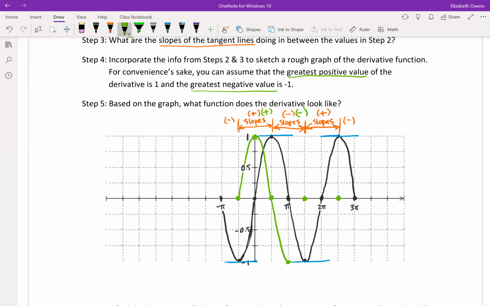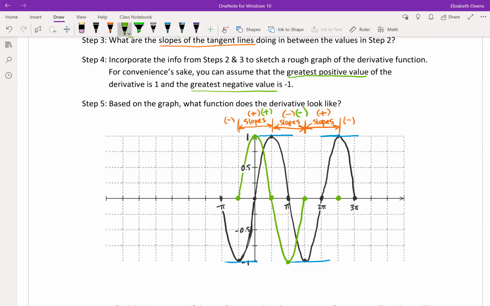And then after that, we continue on with pretty steep negative slopes, but then they start getting less steep. Still negative, but they're going to be smaller negative numbers because it's a less steep slope. So they come back towards 0 until we hit the next horizontal tangent line.